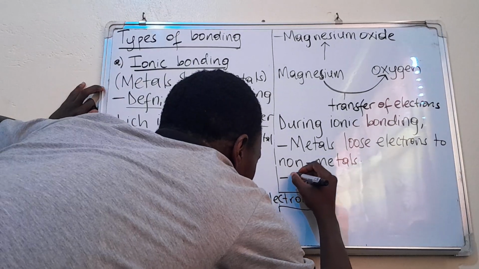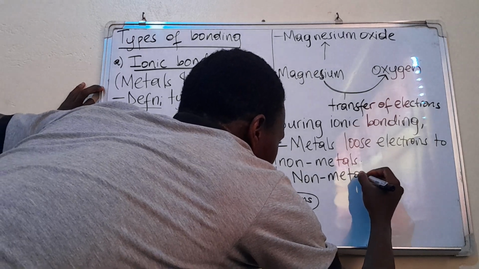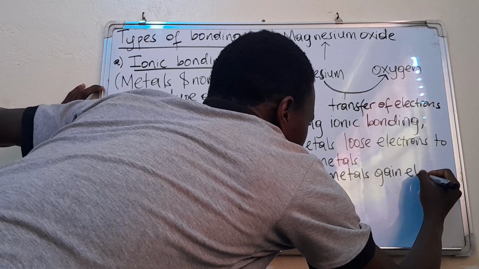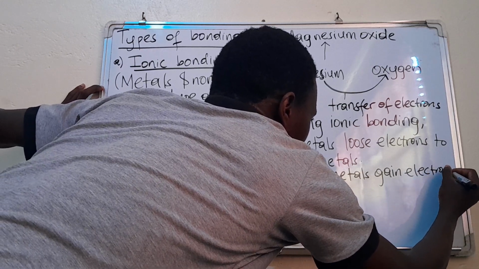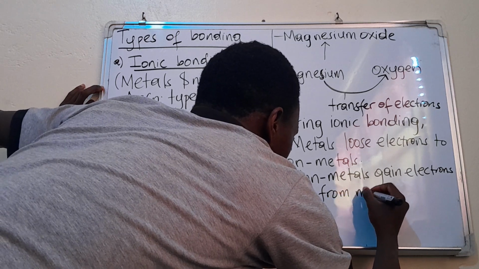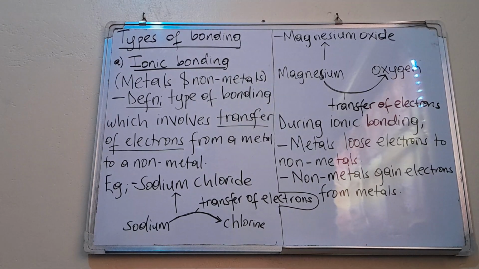So non-metals gain electrons from metals. We are saying that metals lose electrons to non-metals, and non-metals gain electrons from metals.